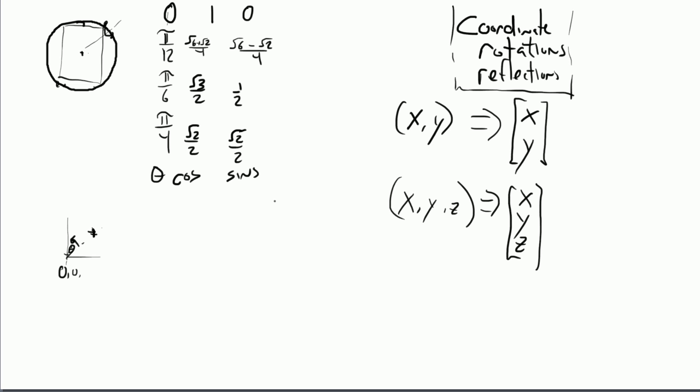If I want to rotate that point some angle theta, all I've got to do is this. Write out that point, x and y this way, and then write a transformation matrix that looks like this. Cosine of theta minus the sine of theta, the sine of theta, and the cosine of theta.